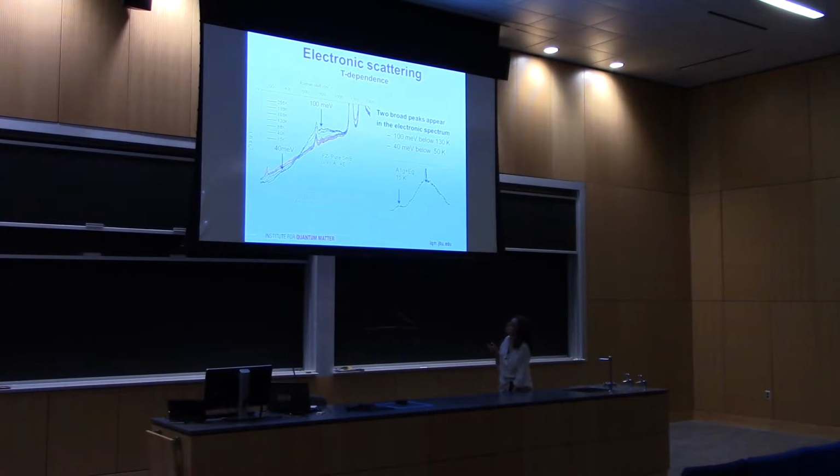Let's say it's parallel polarization. What we see is that, indeed, as we lower the temperature, our background, which was basically just linear in frequency, starts to have two features.